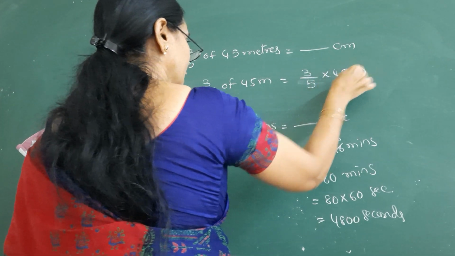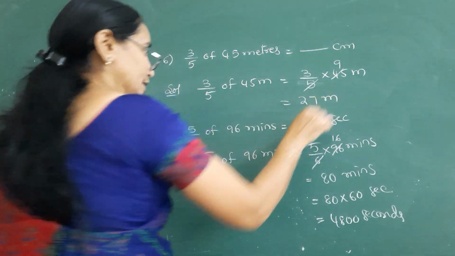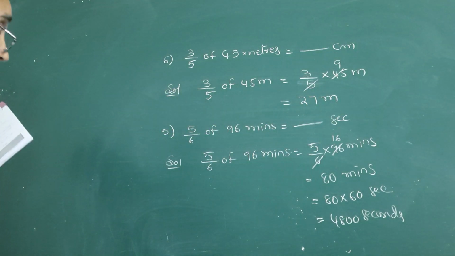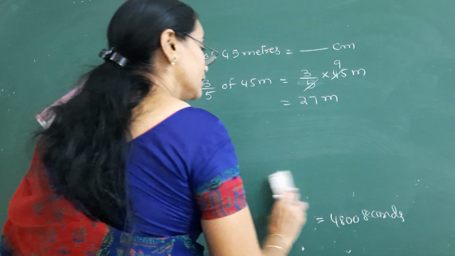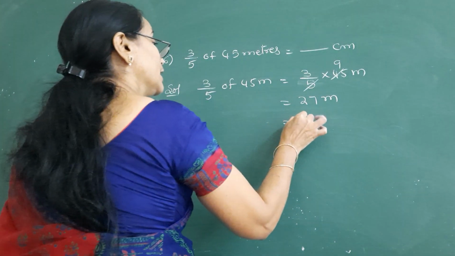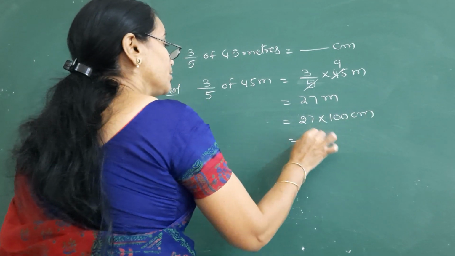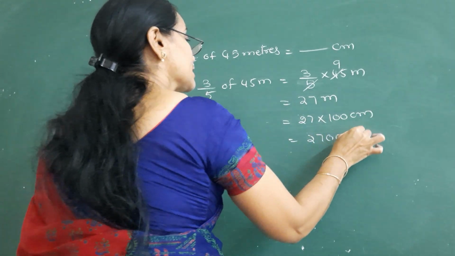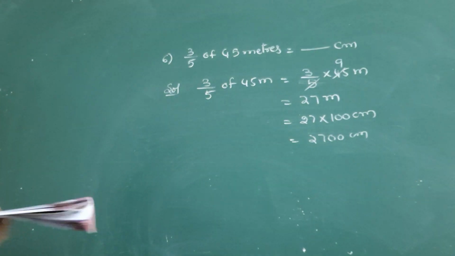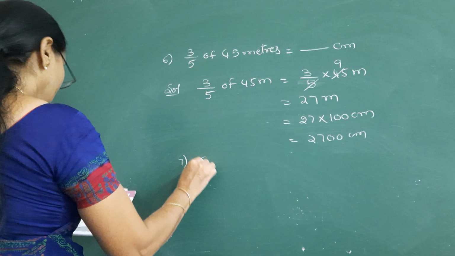First we have to calculate in meters. 5 nines are 45, 3 nines are 27 meters. You have to convert 27 meters into centimeters. 1 meter is equal to 100 centimeters. You have to multiply with 100 to get the answer in centimeters. 2700 centimeters.